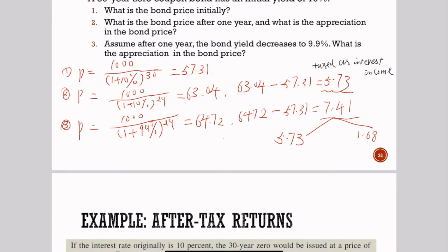So you can see that the appreciation of $7.41 can be decomposed into the built-in price increase and the increase due to bond yield decrease. Right? So this 5.73 is the built-in price appreciation. What about this 1.68? This is the price increase of your bond because of the decrease in the yield.